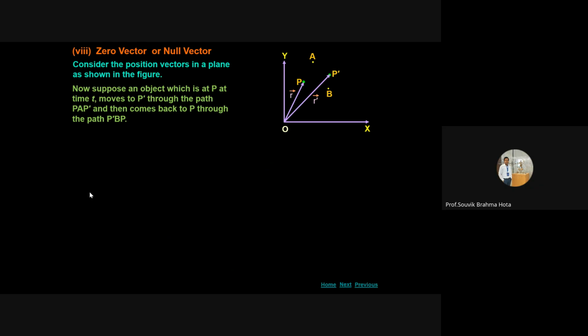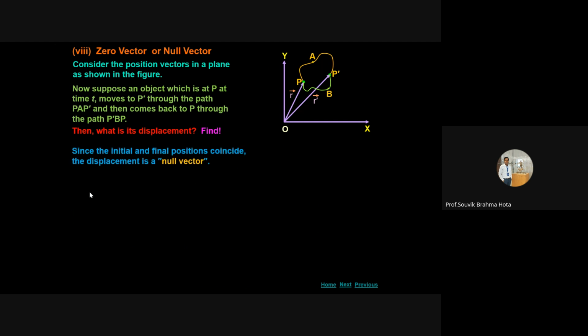The path is PAP dash, and another path is PBP dash. Then what is the displacement? Because the initial and final positions coincide, the displacement is a null vector in this case. So the illustration justifies the need for the zero vector.